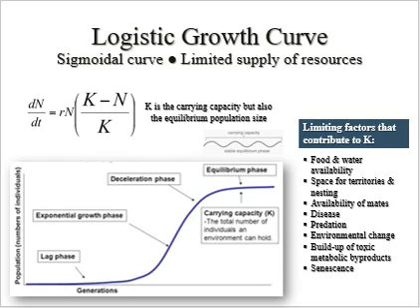For example, they control the maximum rate at which population growth can occur. Some of these limiting factors that contribute to the K value are food and water availability, space for territories and nesting, the availability of mates, disease, and predation. Senescence is another one. Senescence refers to death from age-related illnesses.